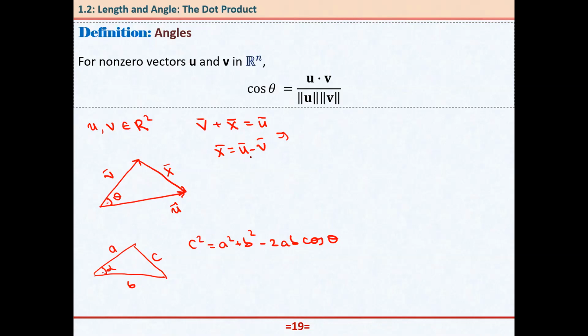At that point we will have this equation. What is x? x is u minus v. It's a vector, so we need to take the length. That is norm of u minus v squared.